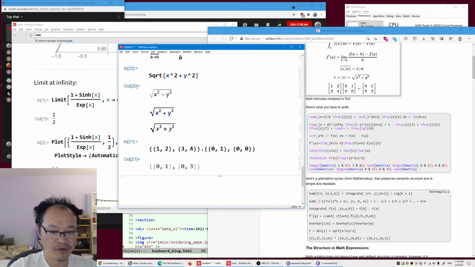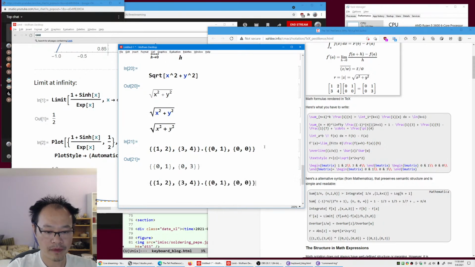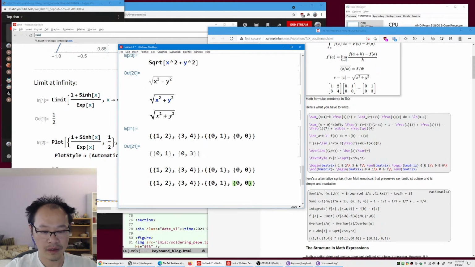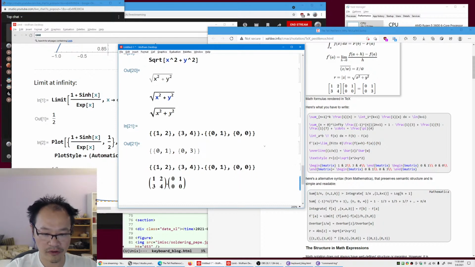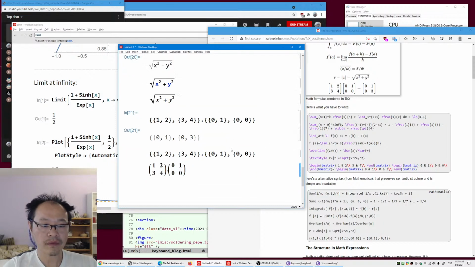Okay, but how do you format these too? Let's copy. Let's do the standard form. It doesn't change. Let's do the traditional form. There it is.